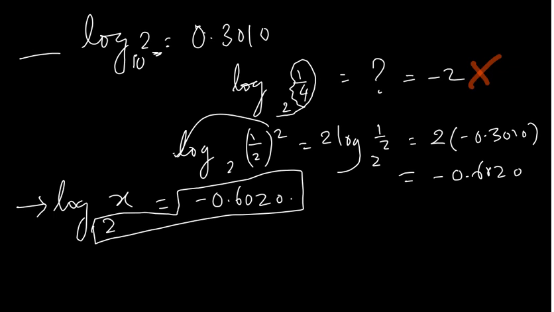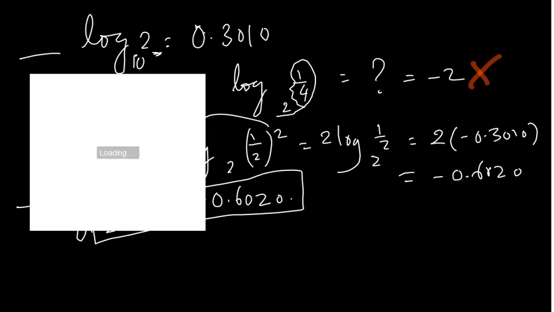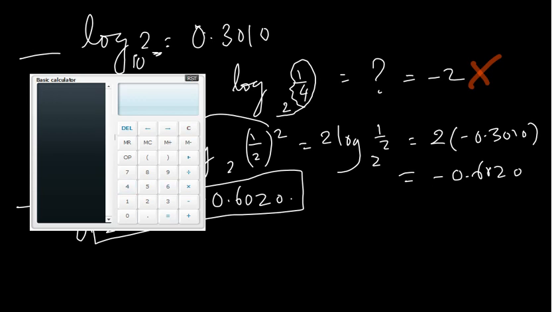0.65? How? 2 to the power of... Okay, 0.65. So let's look at this calculator. I don't think I have powers here. 2 to the power of is not there.